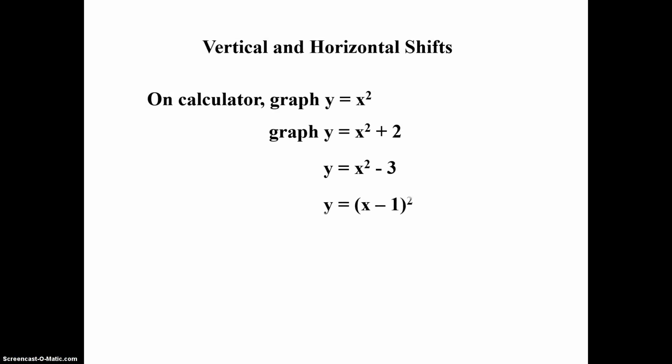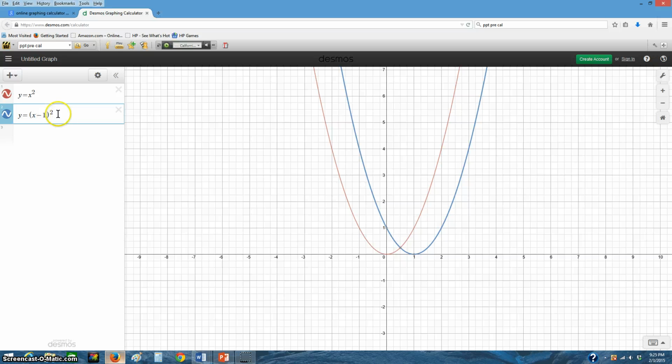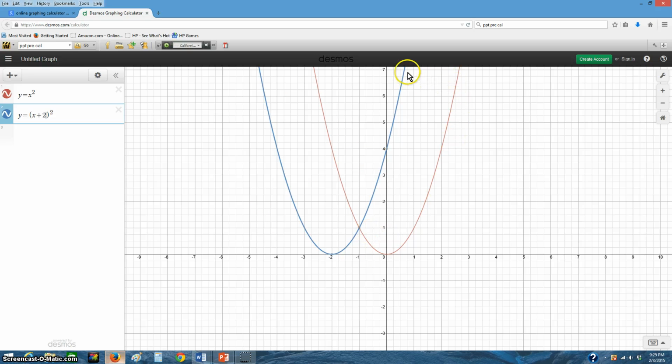Okay, and now let's go to the next one. So we've done this one. Now we go on to the x plus 2 squared. Okay, so let's go back to our graphing calculator. And again, I'm still going to keep my parent function, and I'm going to change this to x plus 2. And we're going to see what happened. Again, the red one is our parent function. The blue one is my transformed function.